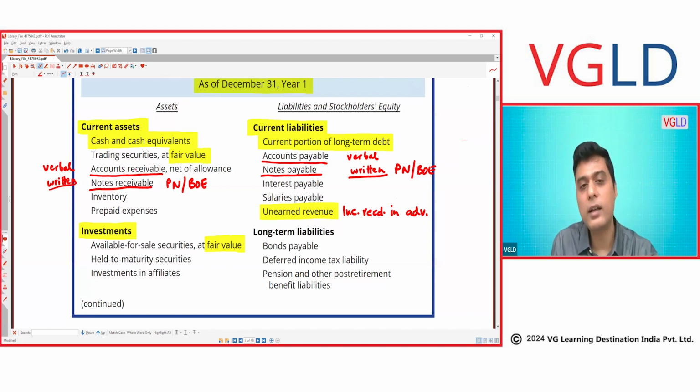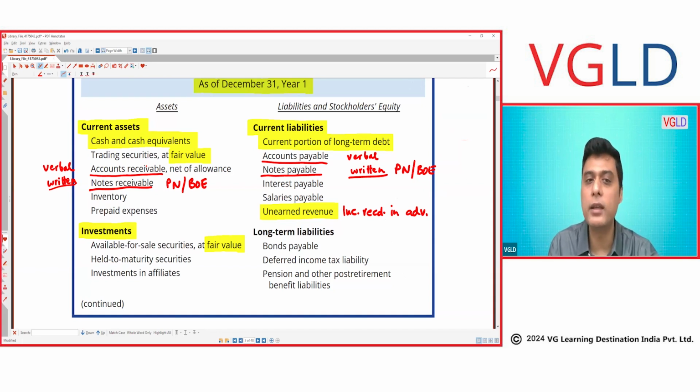And AR is your normal case. You have sold goods to someone on credit. That party becomes your AR, accounts receivable. It is verbal. Of course, verbal here does not mean that the entire transaction is verbal, although it could be.